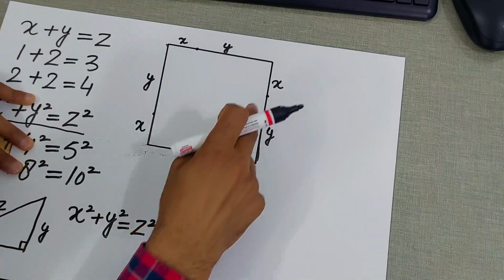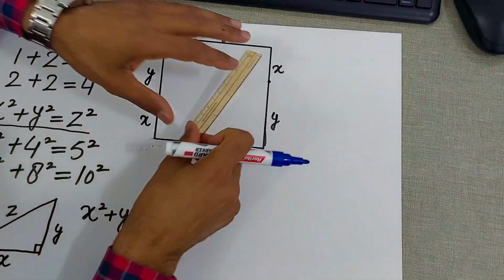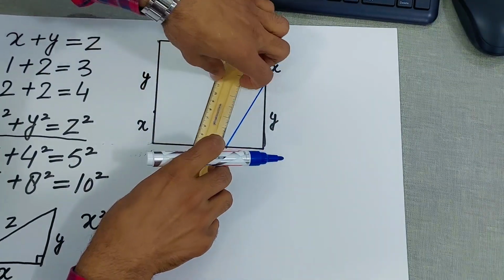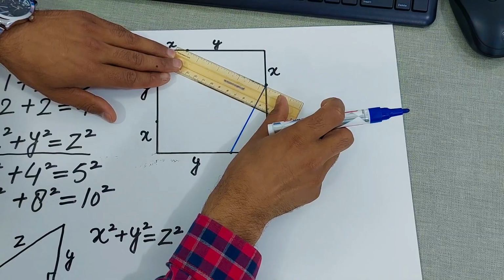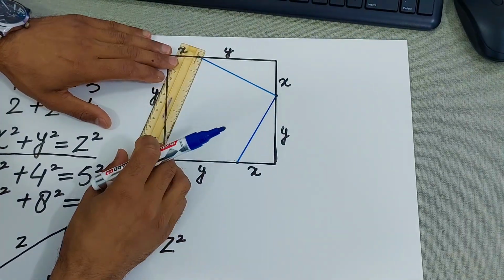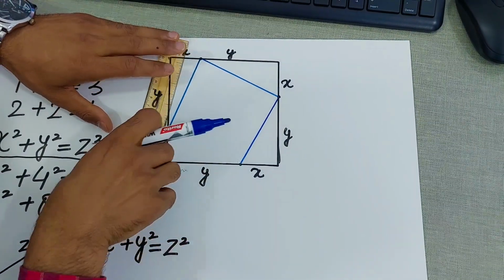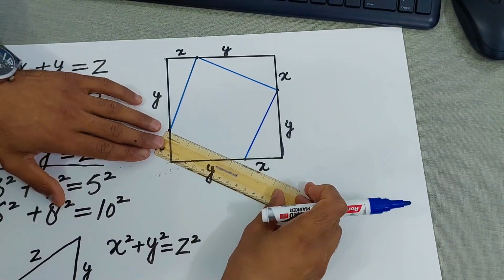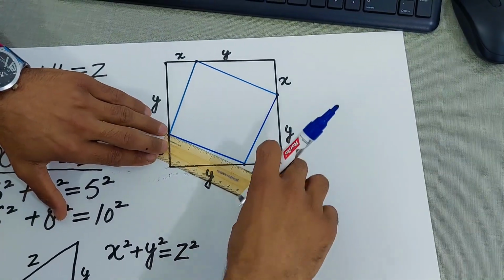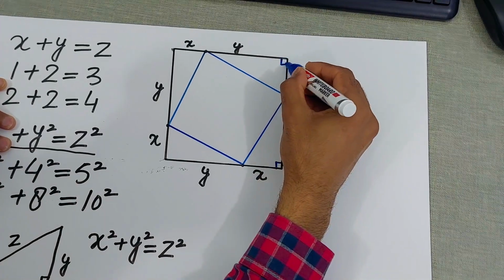Now we will join all these points. We know that all the angles of a square are of measure 90 degrees.